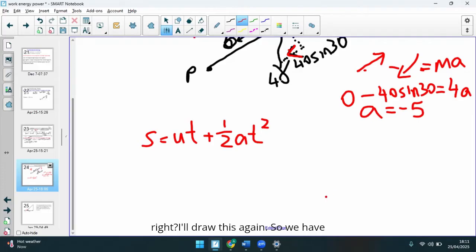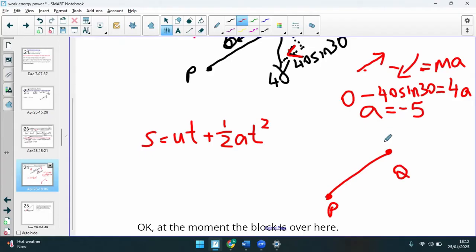I'll draw this again. So we have P, Q. At the moment the block is over here. The speed at Q is 8 going this way. Your distance here is 10. Now from Q to P is downwards, right?